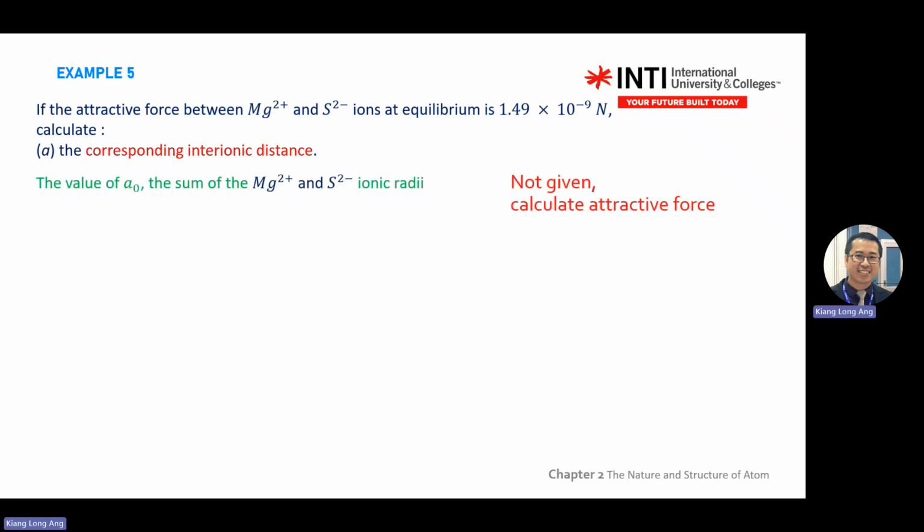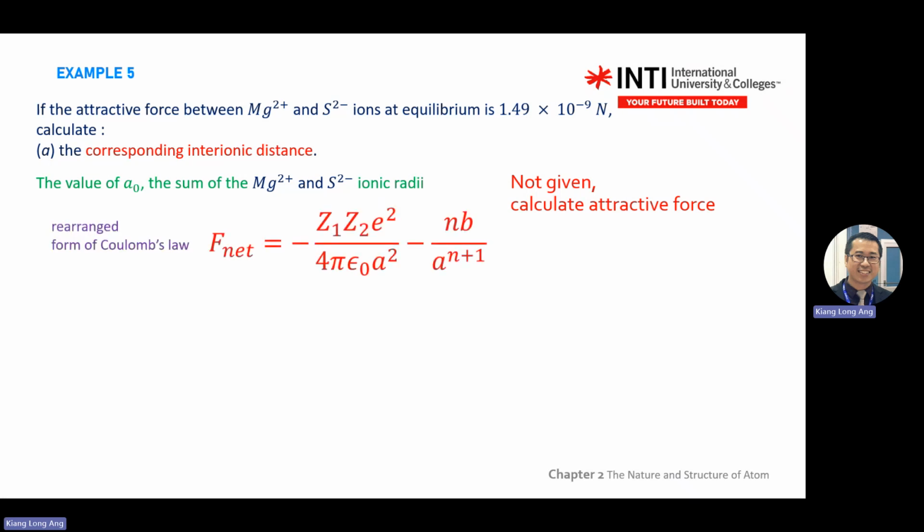So first, is the value of F0, A0, right? So you need to calculate these things. So this is actually Coulomb's law, because you deal with electrons. So F net equals minus; force is minus, minus, energy is positive, positive.